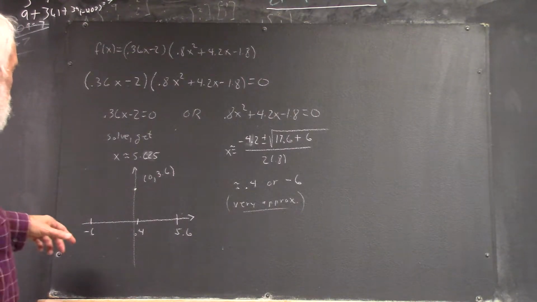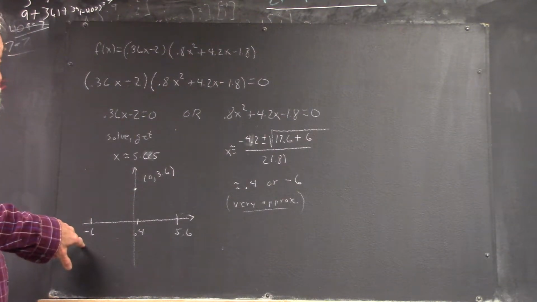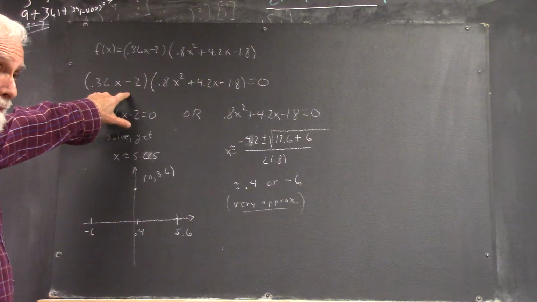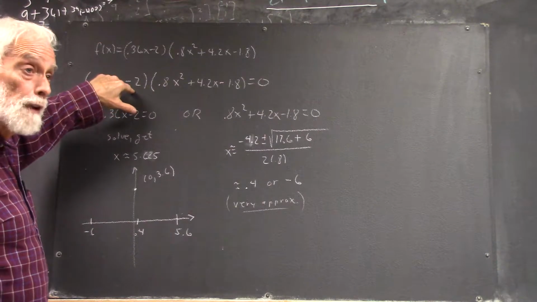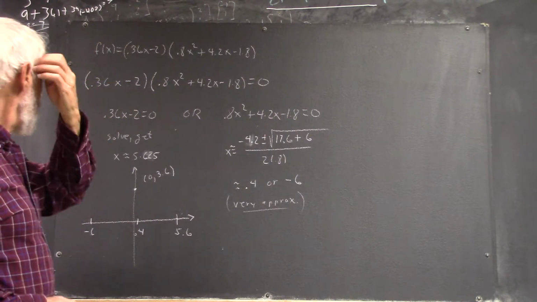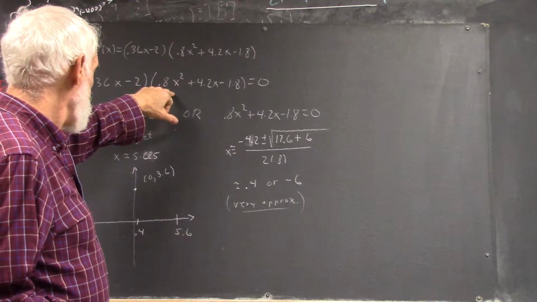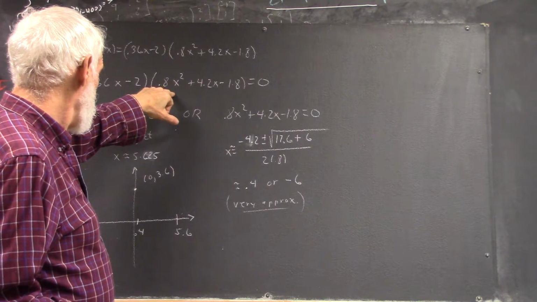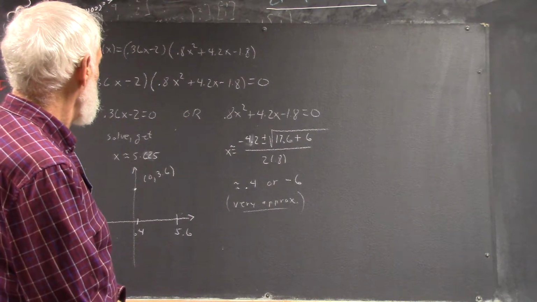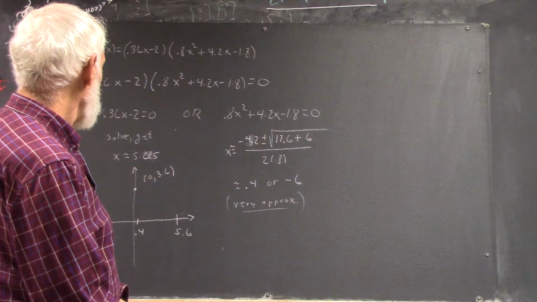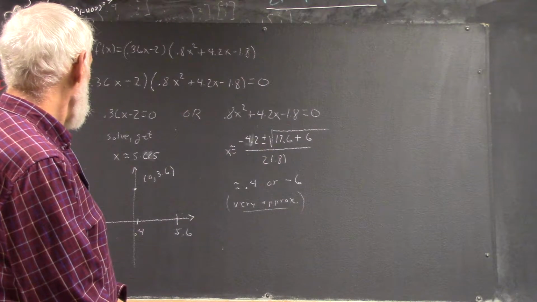Big negative x. X way to this side of negative 6 is going to make this negative, because that's going to be negative and you're subtracting from it, right? You gotta go a little ways from negative 6.